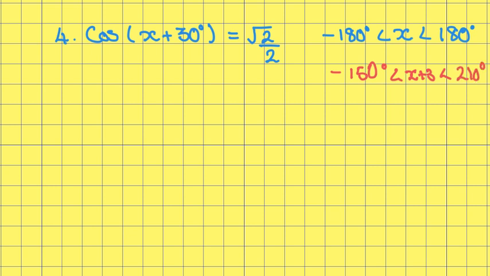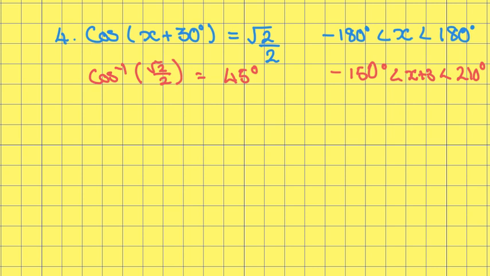So our domain for x plus 30 goes from minus 150 degrees to 210 degrees. Now find the acute angle, so cos to the minus 1 of root 2 over 2 is equal to 45 degrees.